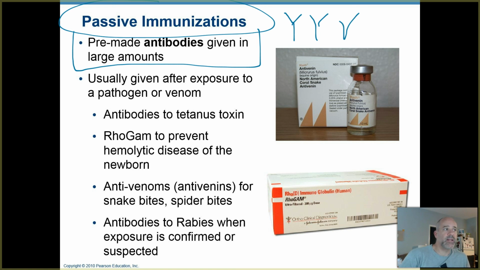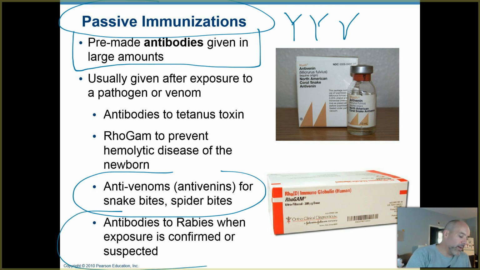This is what you get if you've been bitten by a snake or a spider and you get an anti-venom or an anti-venin. That's what they're giving you. They're giving you large amounts of pre-made antibodies that float around in your body fluids, and they find the venom molecules and attach to them, and that tags them for destruction, and your phagocytic cells will ingest them and digest them and destroy them.